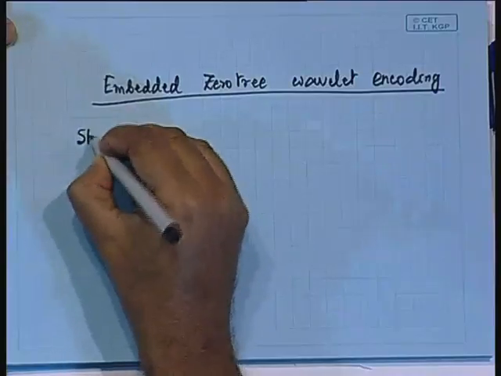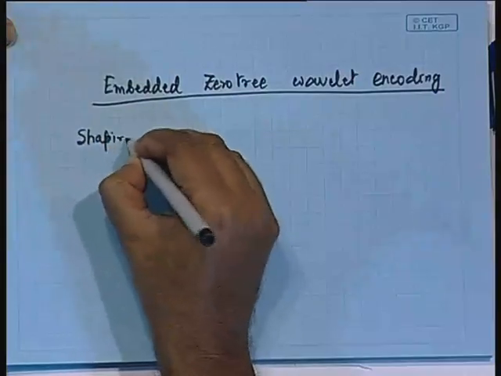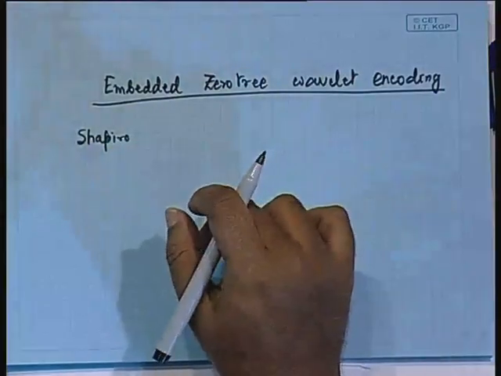Now, to encode the DWT coefficients, we are first going to discuss a very popular technique which was proposed by Shapiro. There is a very classic paper written by Shapiro.